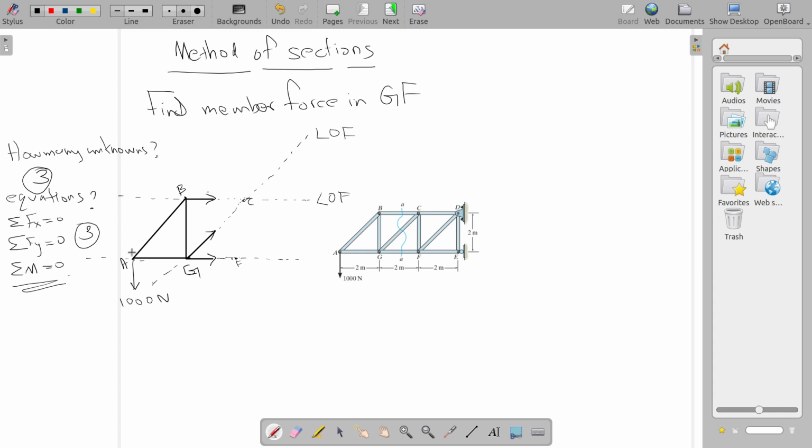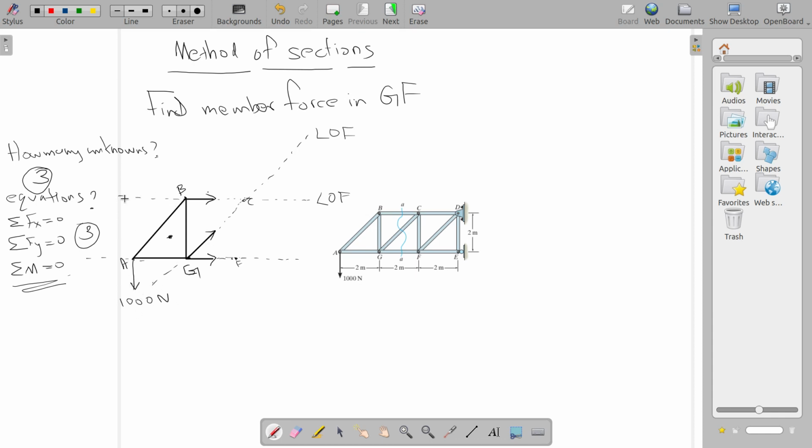If you take moment about this point, you have to multiply all these known and unknown forces. Known force is not a problem. We know the value, so we don't need to worry about it.